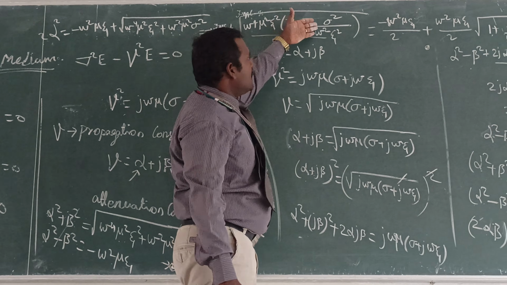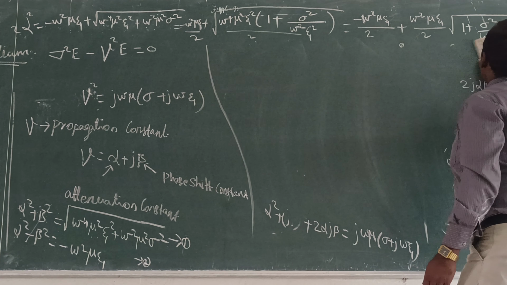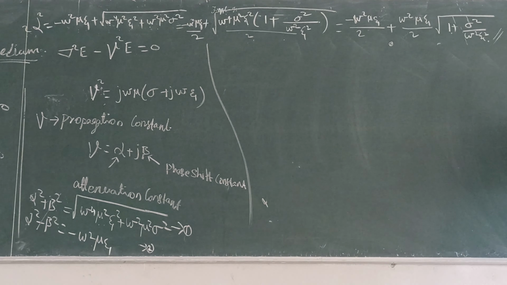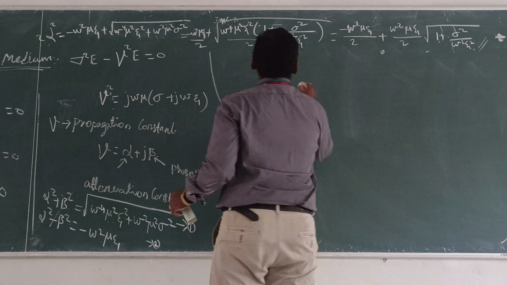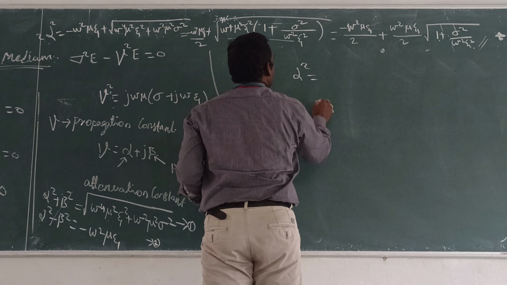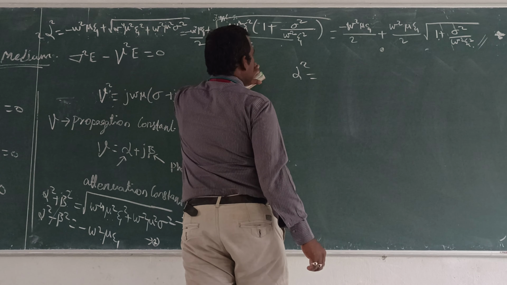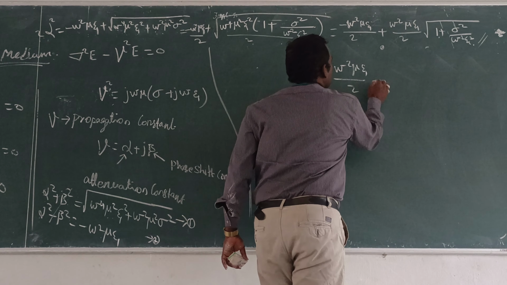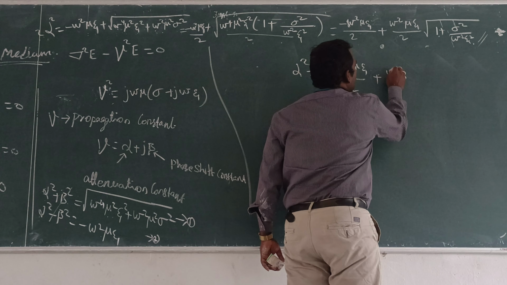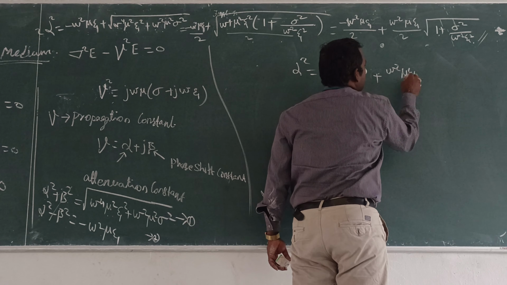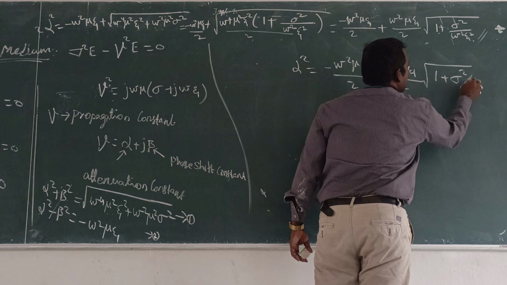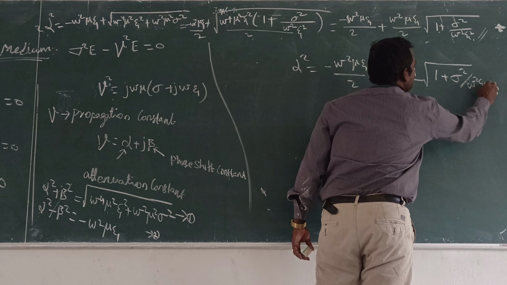After getting this expression, alpha square should be equal to minus omega square mu epsilon by 2, plus omega square mu epsilon by 2 into root of 1 plus sigma square by omega square epsilon square.